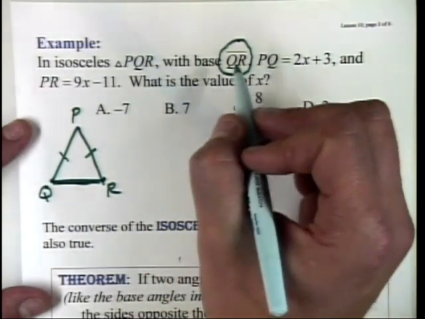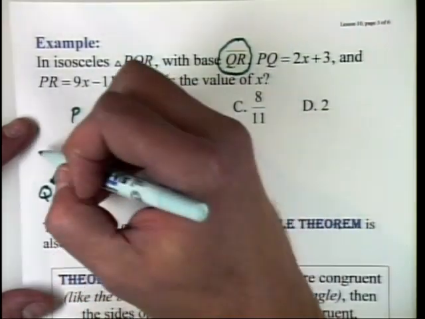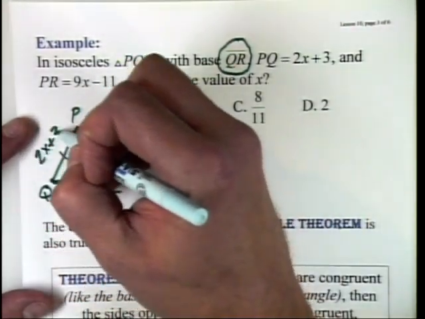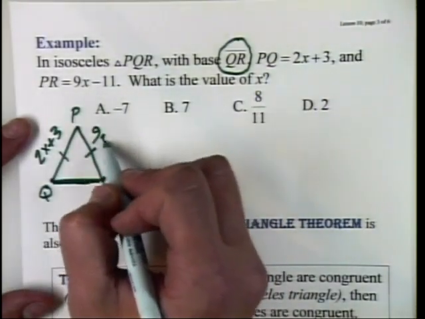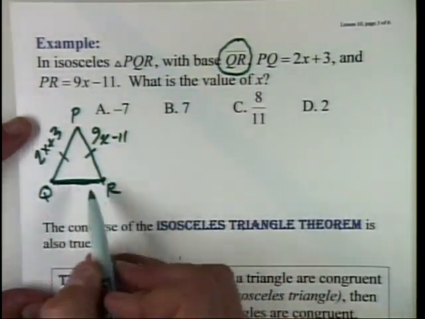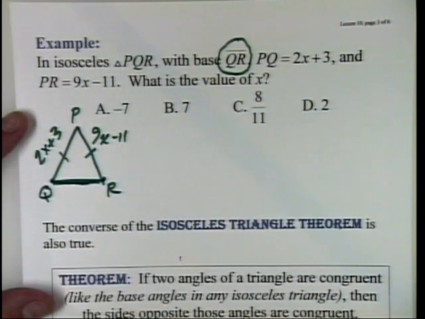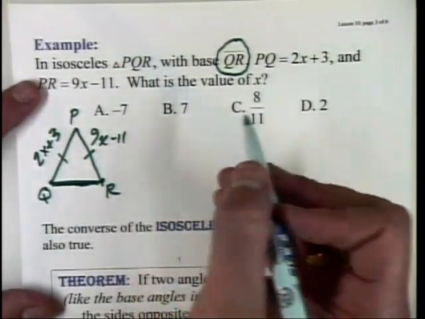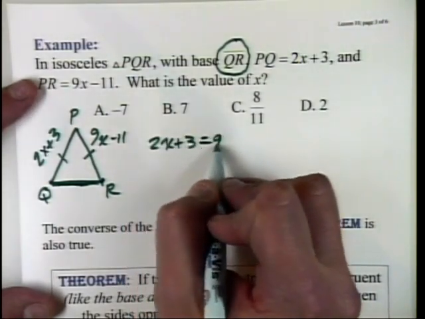Well, now I know also that the measure of PQ, which is this one here, is 2x plus 3. And I know the measure of PR is 9x minus 11. Well, since I know that this is the base, these are the two congruent legs, which means these two variable expressions must have the same measure. They must be equal. So I can set those two algebraic expressions equal to each other.